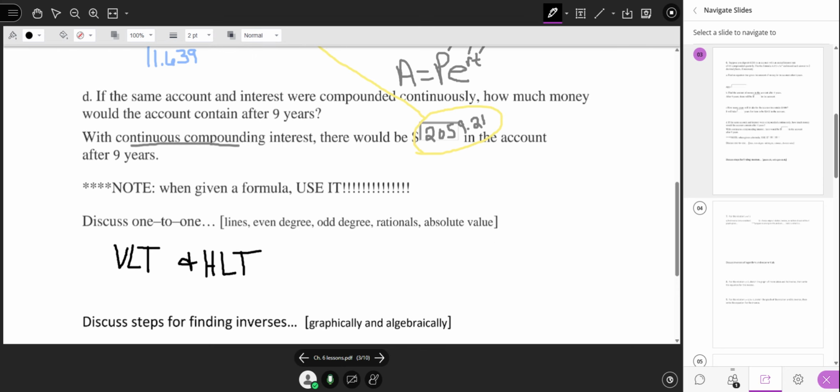So if you have a regular line that passes both vertical and horizontal line test. Well, if that line is the vertical line, it doesn't pass. If it is the horizontal line, it doesn't pass. If you have a parabola, it passes the vertical but not the horizontal.